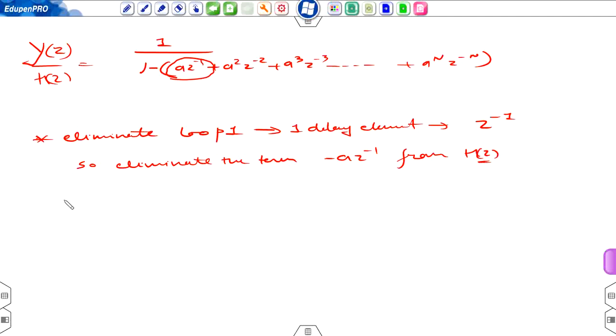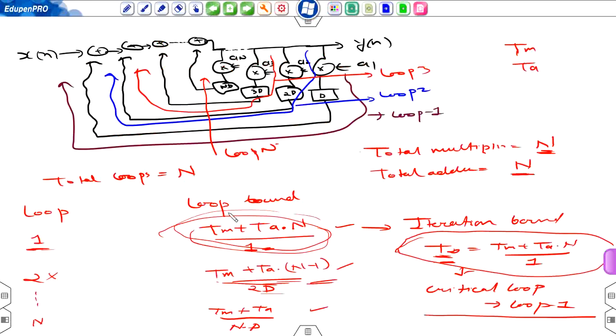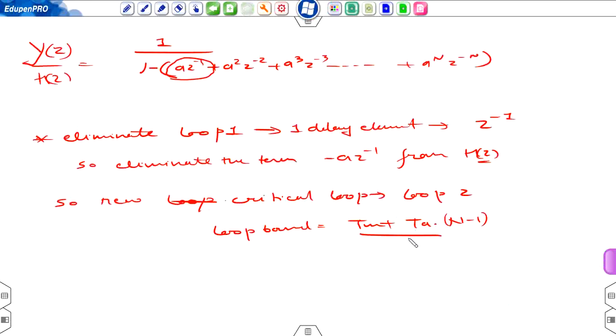Okay, so the new critical loop will be loop 2, with loop bound (Tm plus Ta times (n minus 1)) divided by 2D, and that will be the critical loop.